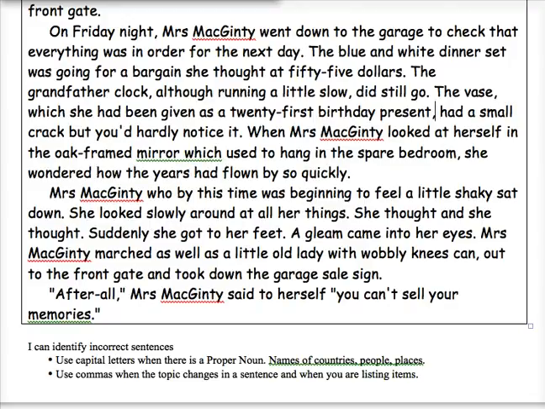When Mrs. McGinty looked, now this piece here, going back, because they've added the but in here, you actually don't need to add the comma, because the but links the two pieces of information together. When Mrs. McGinty looked at herself in the oak frame mirror, this is the extra piece here, which used to hang in the bedroom, comma again at the end here, she wondered how the years had flown by so quickly.